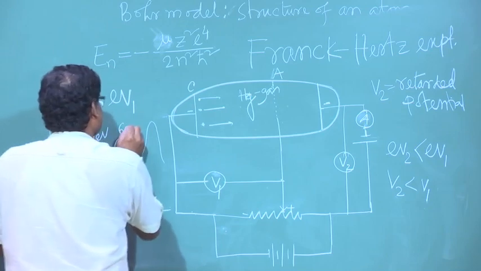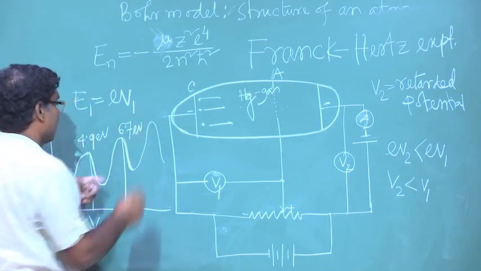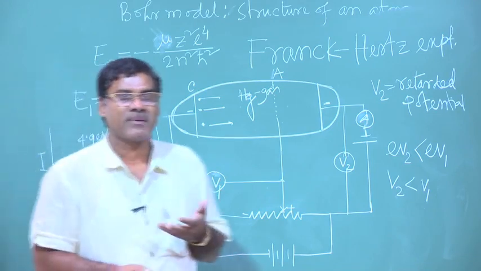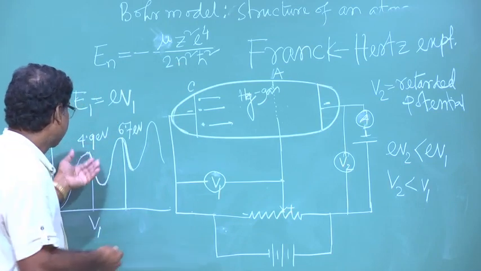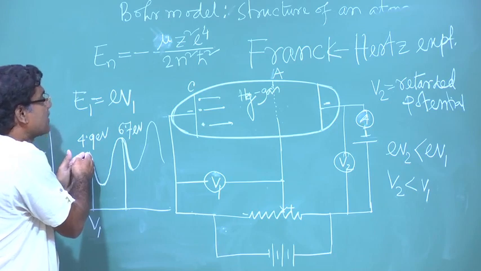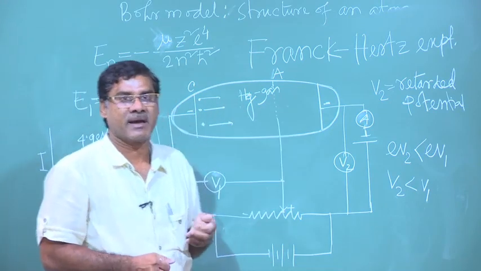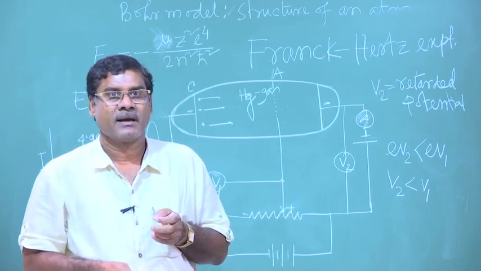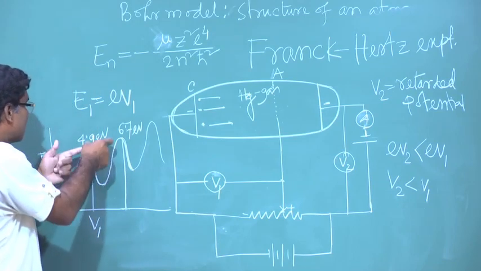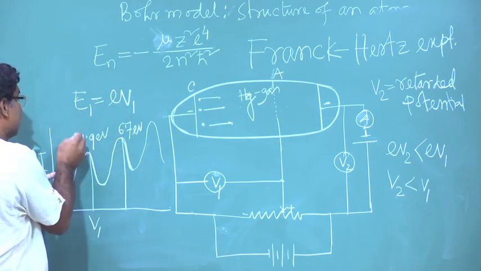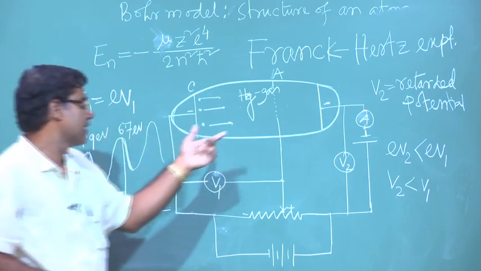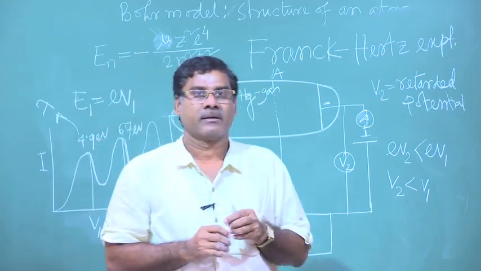So these peaks were coming. Simultaneously, the spectrum of the mercury gas was also studied and it was found that exactly this wavelength, corresponding to this energy, is found in the spectral lines of mercury.